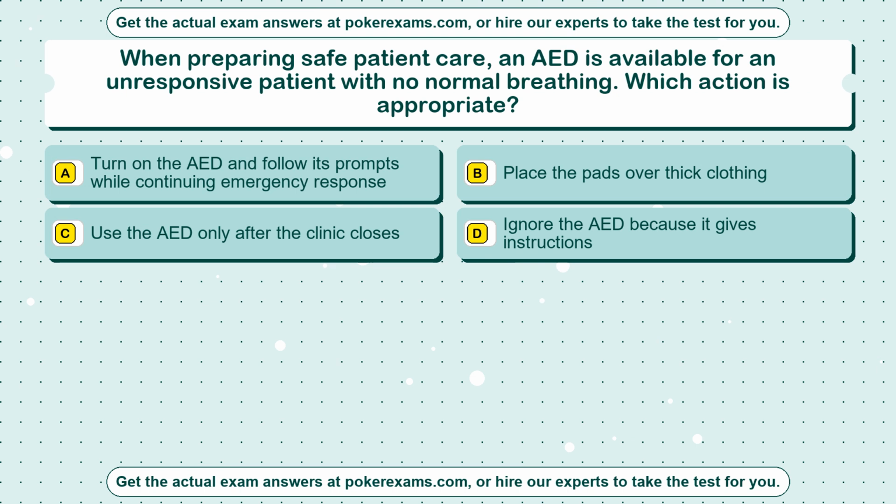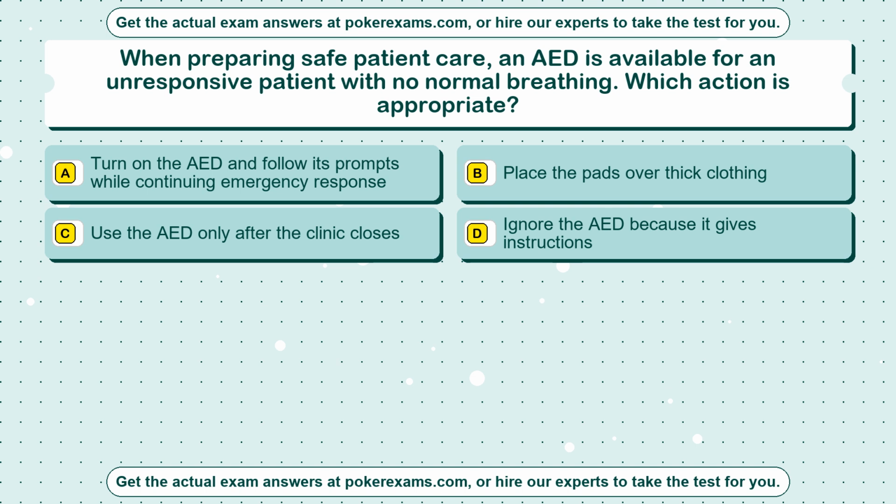Question 94. When preparing safe patient care, an AED is available for an unresponsive patient with no normal breathing. Which action is appropriate? Option A, turn on the AED and follow its prompts while continuing emergency response. Option B, place the pads over thick clothing. Option C, use the AED only after the clinic closes.